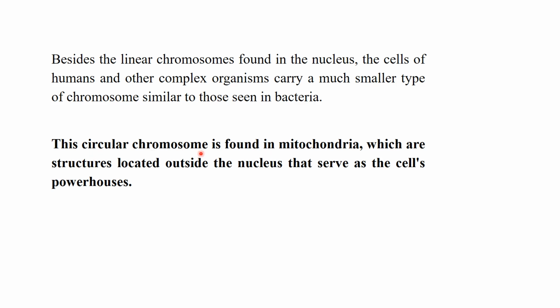This circular chromosome is found in the mitochondria, which are structures located outside the nucleus that serve as the cell's powerhouse. Scientists believe that mitochondria originated by the endosymbiotic theory, which will be discussed in later lectures.